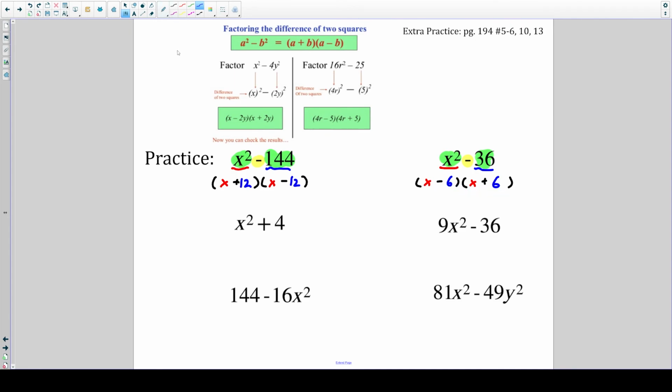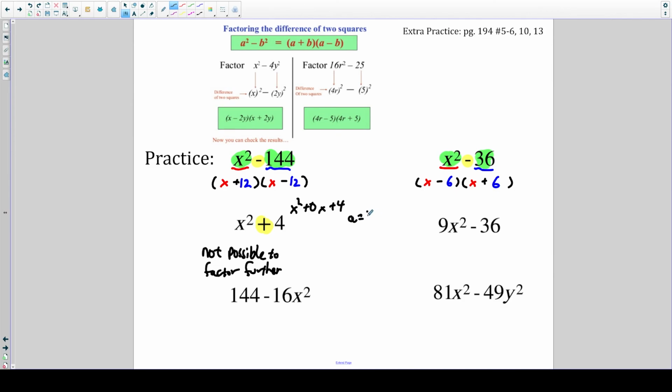If we take a look at this third example, this x squared plus 4, we'll notice fairly quickly that this is not factorable. Okay, so let's go ahead and we'll say not possible to factor further. And the reason why is, let's say we decided to rewrite it as we did on the previous page, x squared plus 0x plus 4.